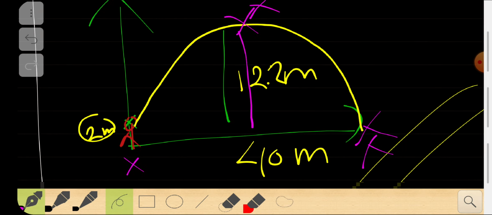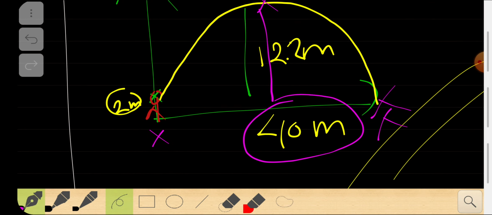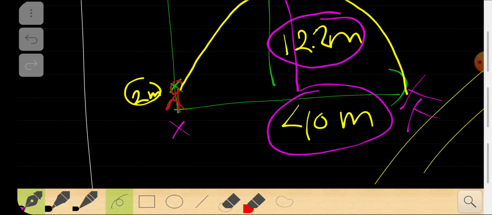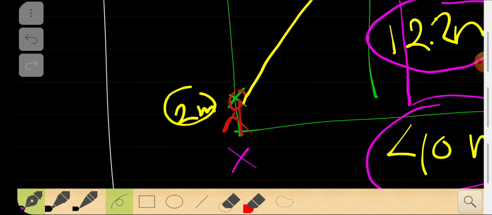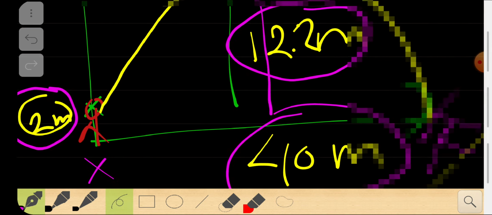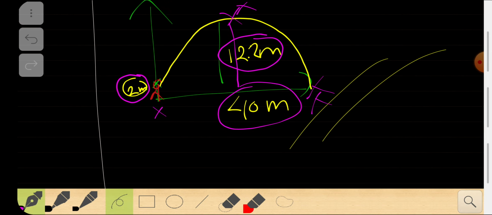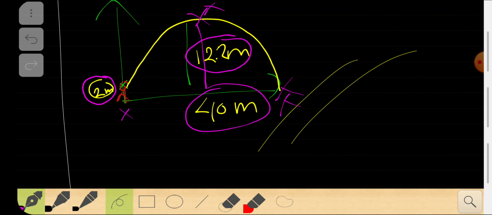So it was 40 meters for that example, and the ball went 12.2 meters high if you were throwing it from 2 meters height. So that's all. I think I have covered all the aspects of projectile and two-dimensional motion basics, and I think you got a decent understanding.